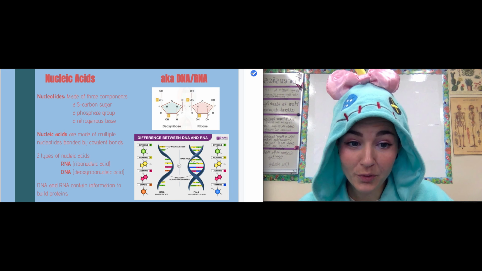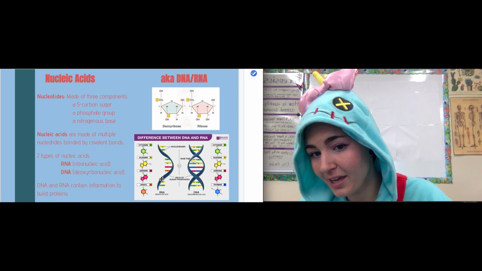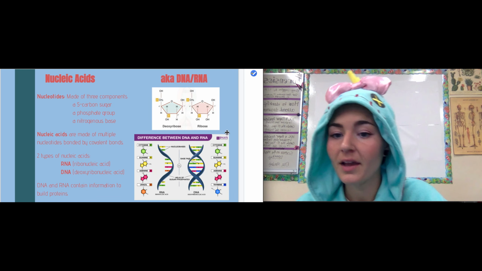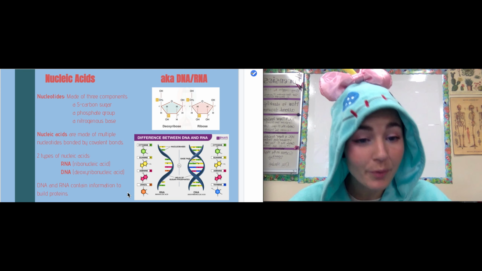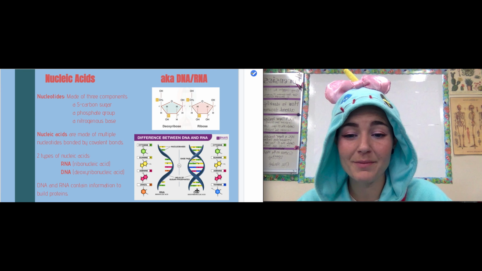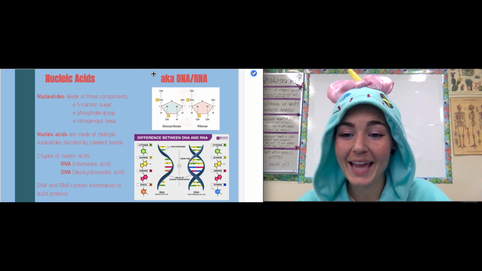Once again, we'll get much more in depth in this later on, but for now, you just need to know RNA has 1 strand and it has a U. DNA is 2 strands and has a T. And those are the 2 different types of nucleic acids that just contain information, and they send it to proteins, and it helps use it to build proteins and all the different things that we need in our body. So these are, like I had mentioned, the instructions, the recipes for you. It's found in those nucleic acids.